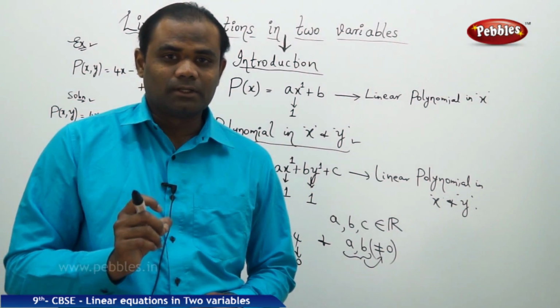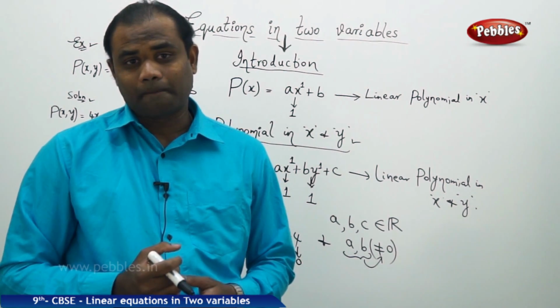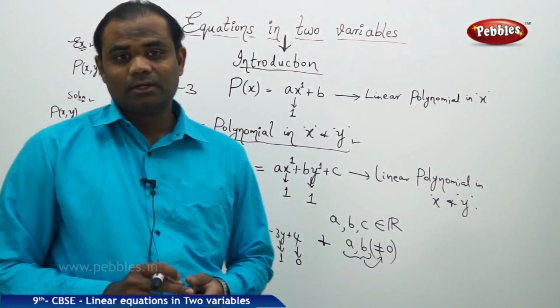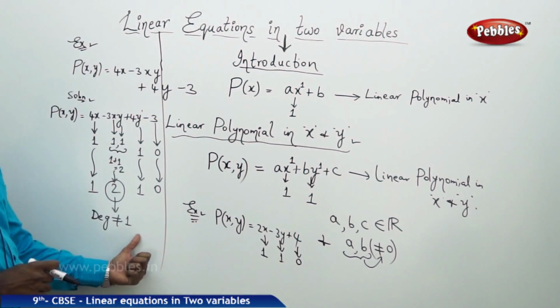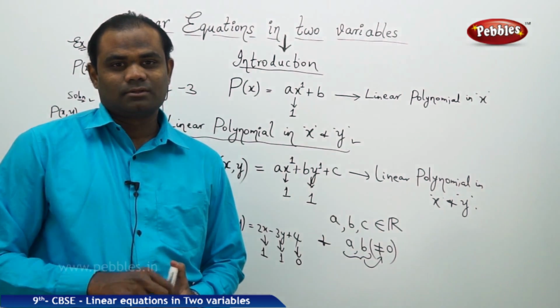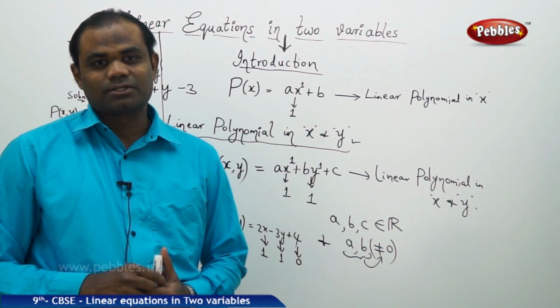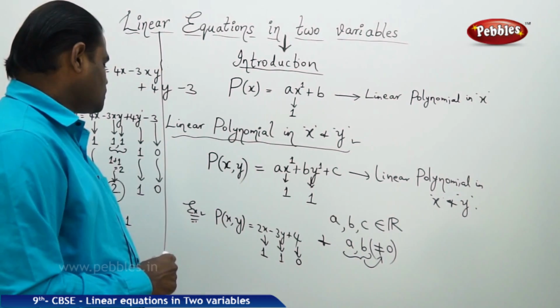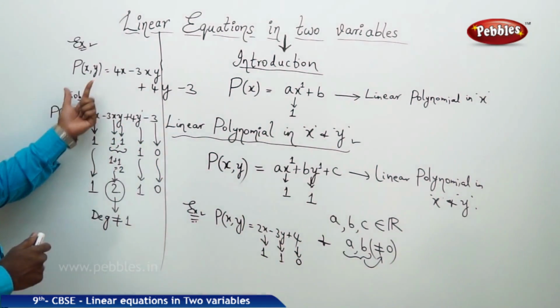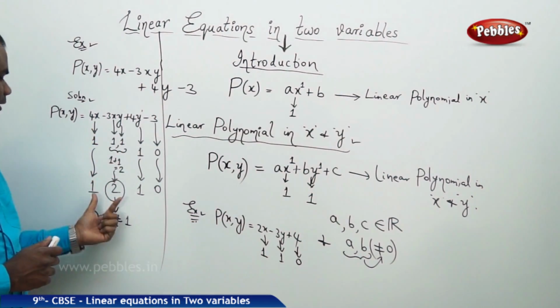For a linear polynomial, the highest degree of the entire polynomial must be equal to 1. Degree 2 is not equal to 1. Therefore, the given polynomial is not linear, is how we understand the concept. So this is a linear polynomial in x and y, and this is not a linear polynomial in x and y.